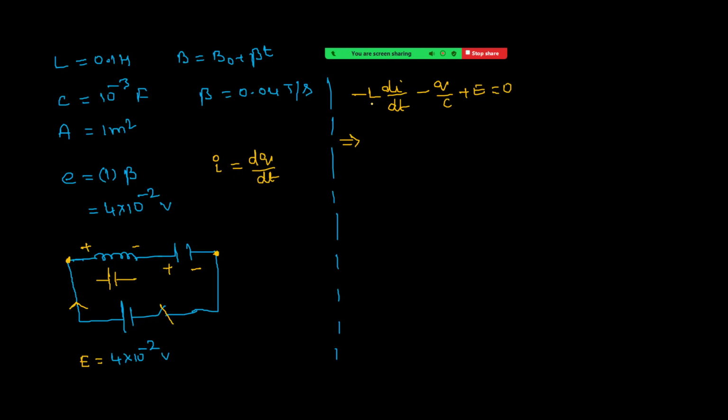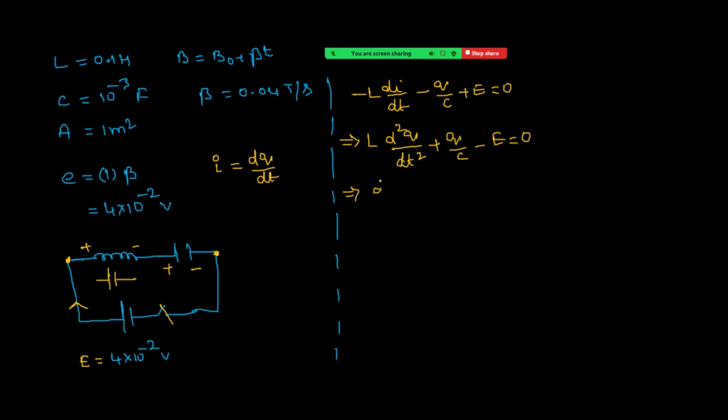Or I can multiply both sides with minus. So it becomes now plus. So L d square q by dt square plus q by C minus E equal to 0. Now I am rearranging this one.